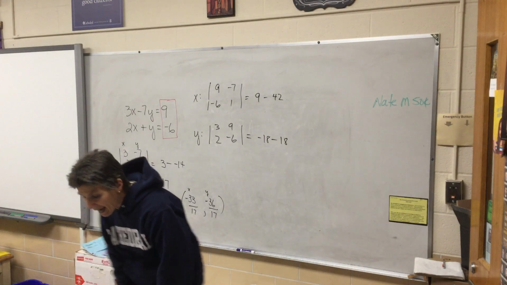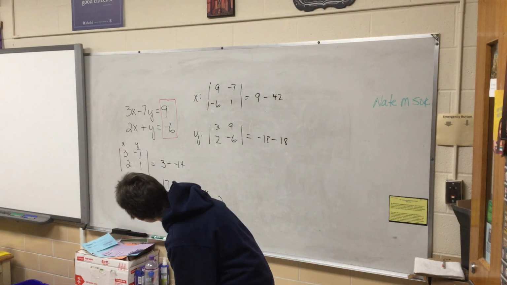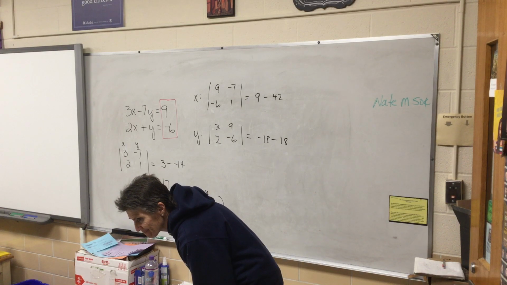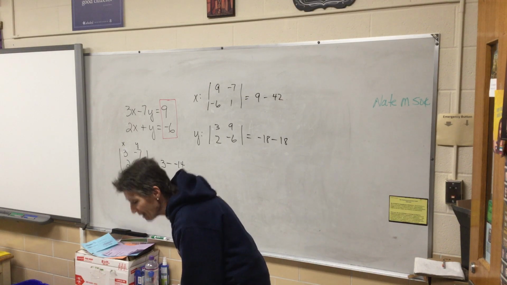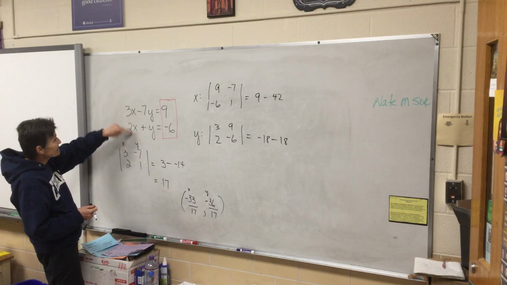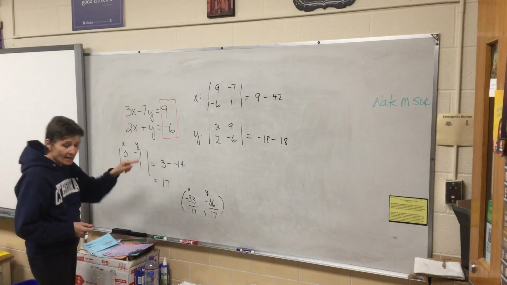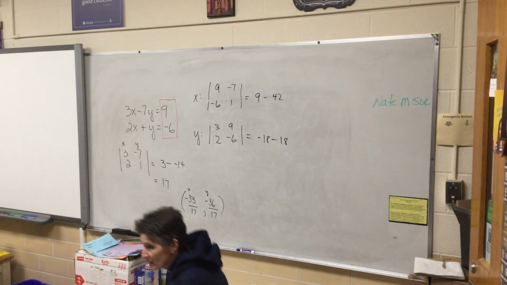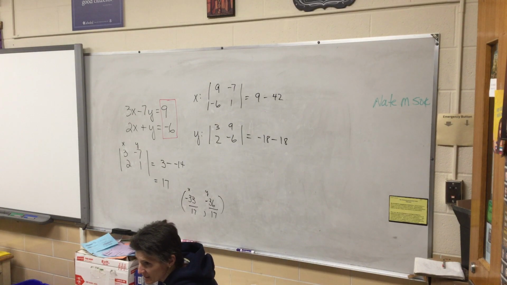What would I have to do next then, once I got negative 33/17 as my x value? Oh yes, I would have the joy of plugging negative 33/17 into one of these equations and figuring out what y is. Now, we can do that, but what a hassle it is to deal with those fractions.